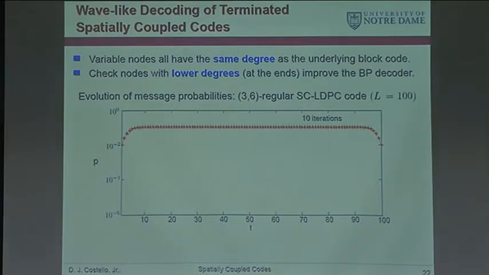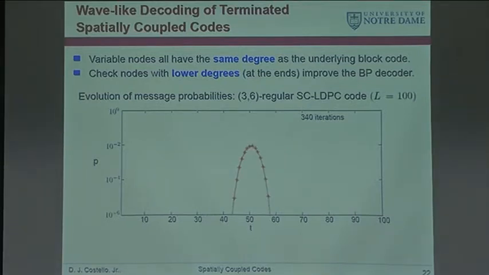Then as we go to 20 iterations, we see this effect starting to move towards the middle of the graph. More nodes are getting the helpful effect of the stronger checks at the ends. And this continues if we do 50 iterations, or 100, or 200, or 300.